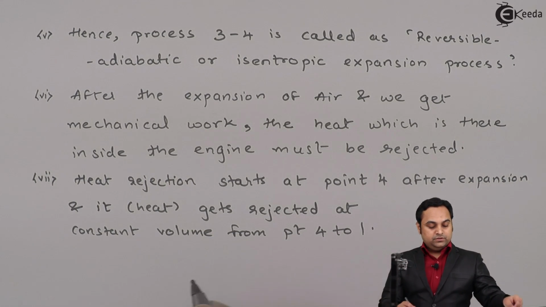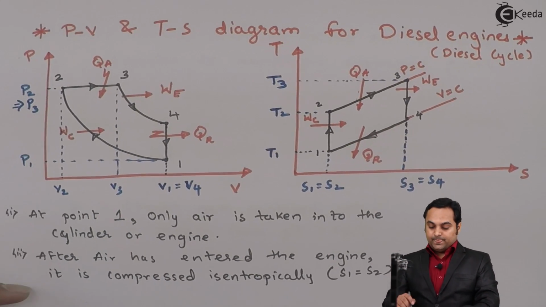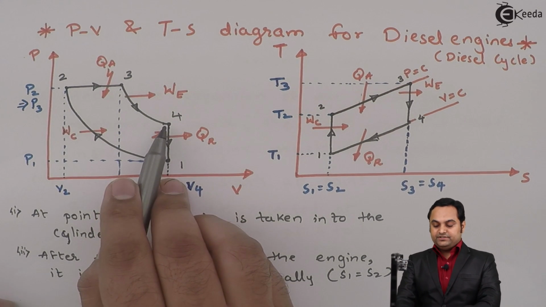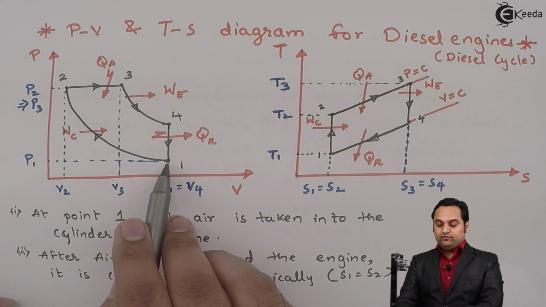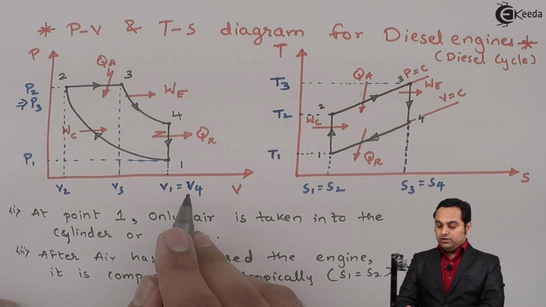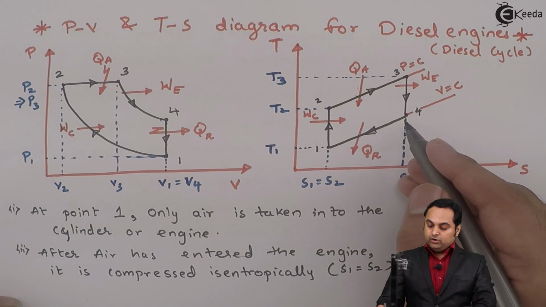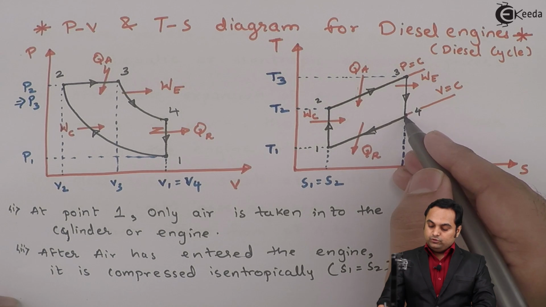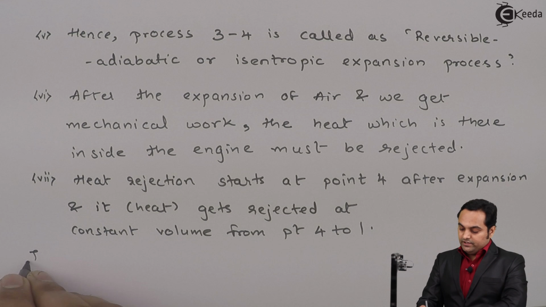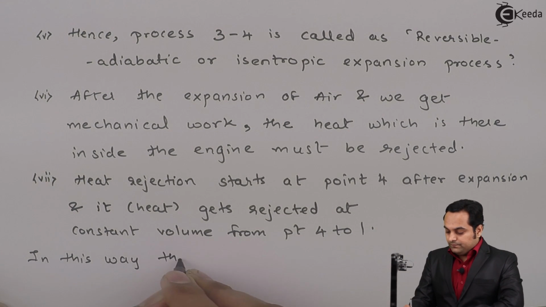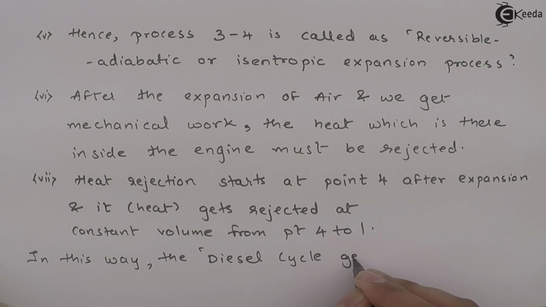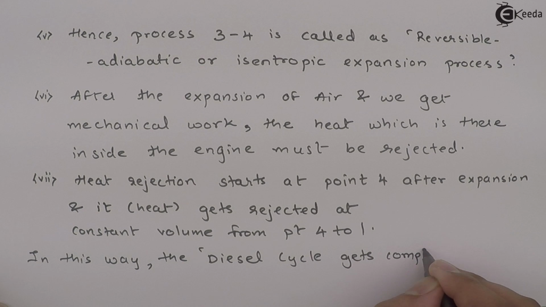That is, as we can see from the diagram, once we have attained the work from 3 to 4, from point number 4 the heat rejection starts and it is rejected from 4 to 1, keeping the volume constant. As we can see, V1 is equal to V4, and the same thing we have denoted on the TS diagram, which is from 4 to 1 there is heat rejected out of the system. So I'll write down, in this way the diesel cycle gets completed.